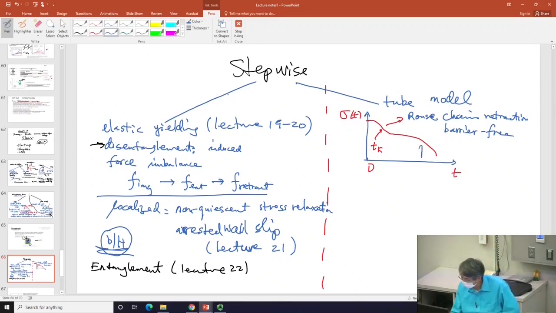And if you look at the stress after the chain retraction, what's left contributing to stress is orientation. Remember, step strand just means you apply a certain strain.